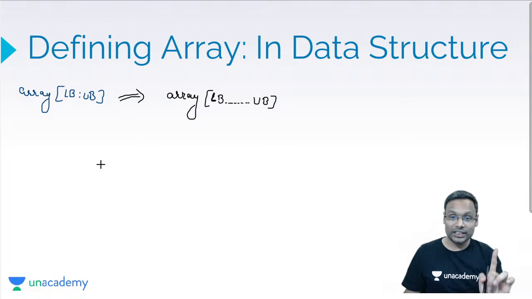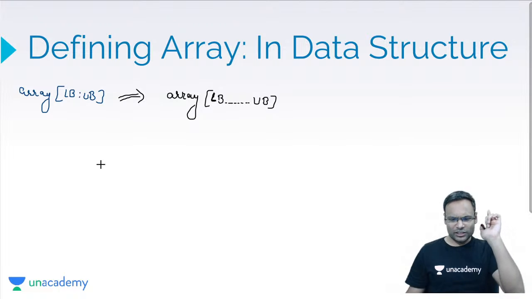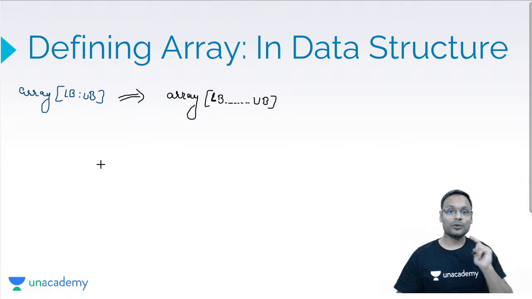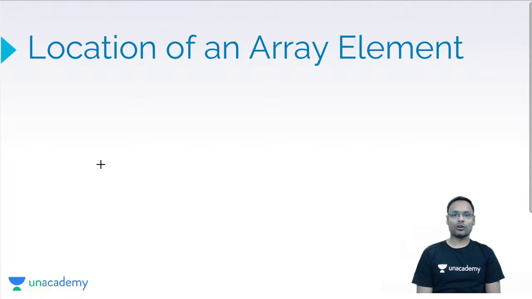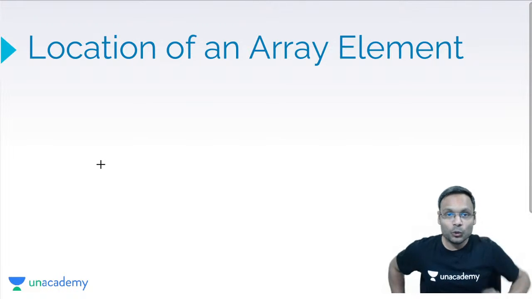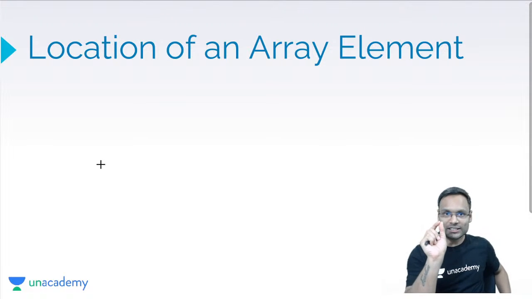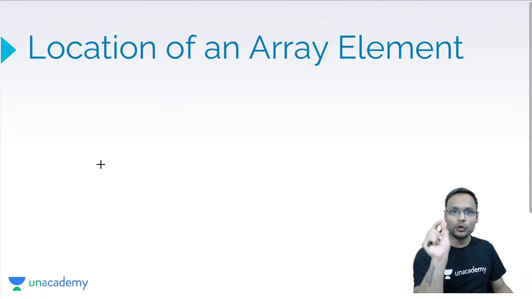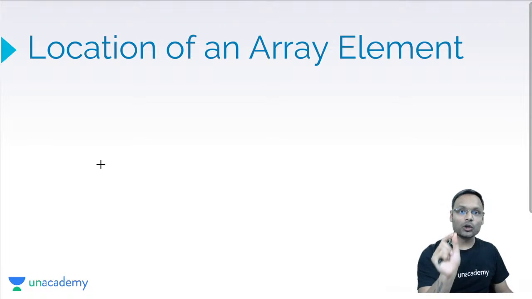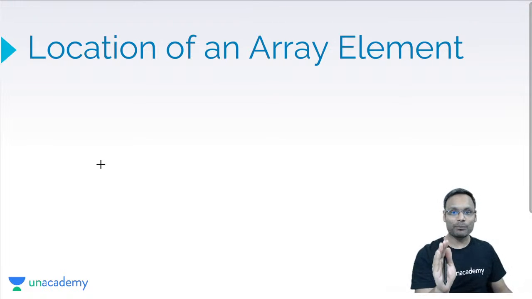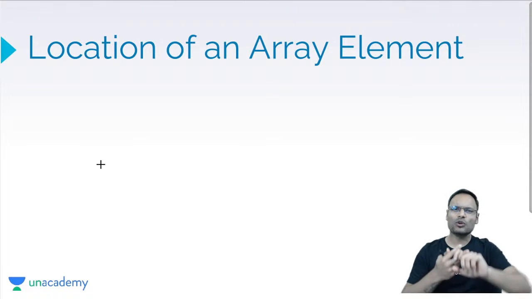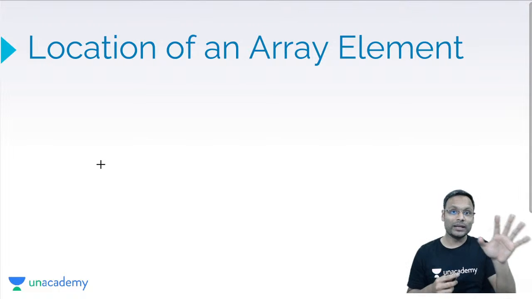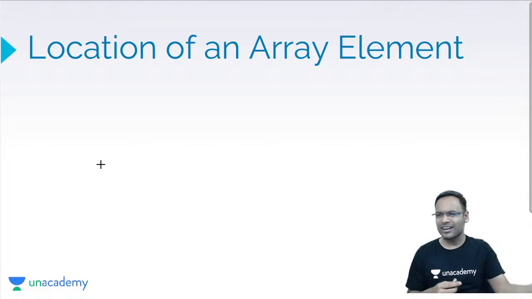Got it? Understood? Now a really big question arrives here: how do you get the location of an element? If you listen to this particular section, I am telling you, you will never get a wrong answer for any type of array: 1D, 2D, 3D, in 2D also sparse matrix or multiple other types of matrix, lower triangular, upper triangular, this triangular, that triangular.